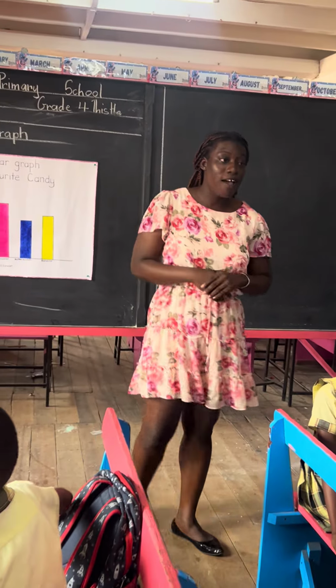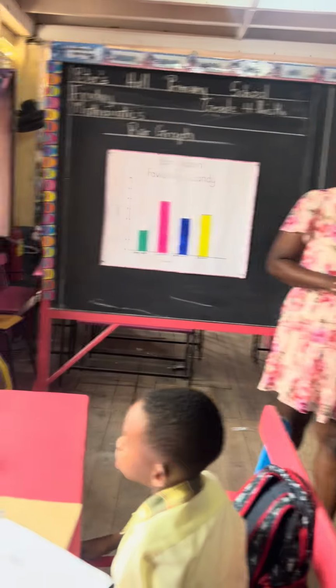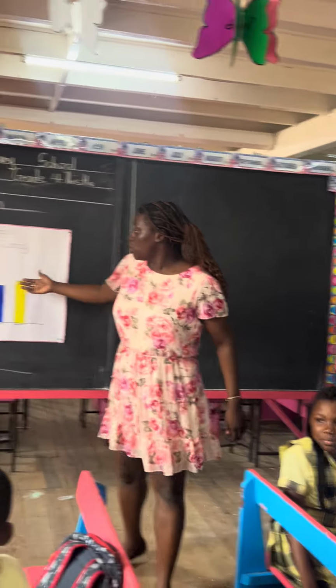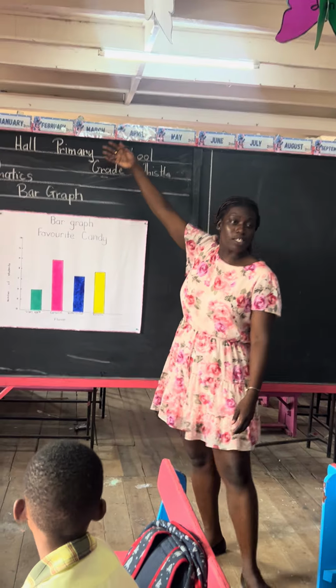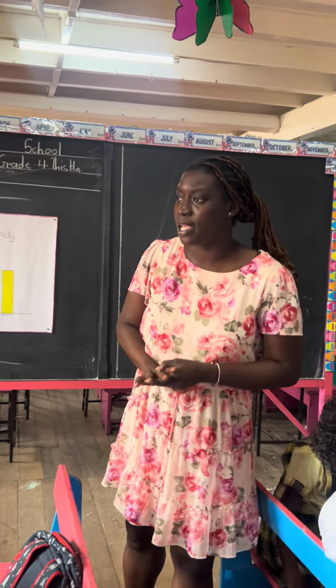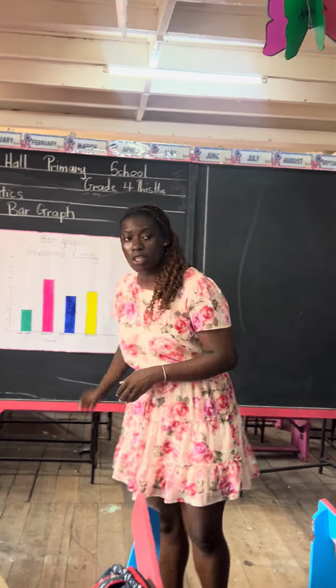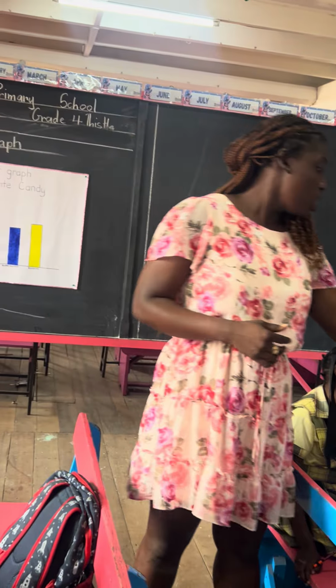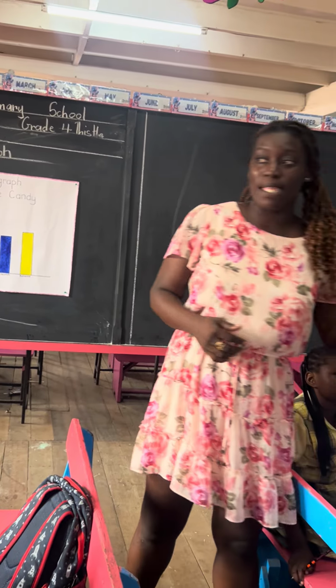Right? So bar graphs, it's very easy to represent data on a bar graph. It's easy to understand data from a bar graph. You're basically looking at the graph itself. So if you see that it's tall, then you know that is the most of whatever it is we're collecting data on. If you see it's very low, it's the least. And in between, there's also very much data that you can represent.